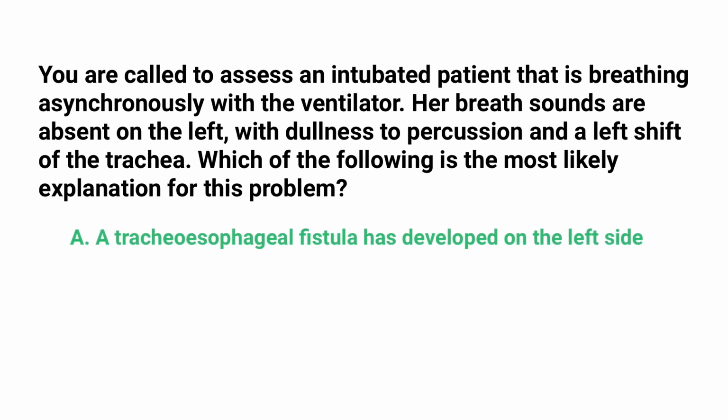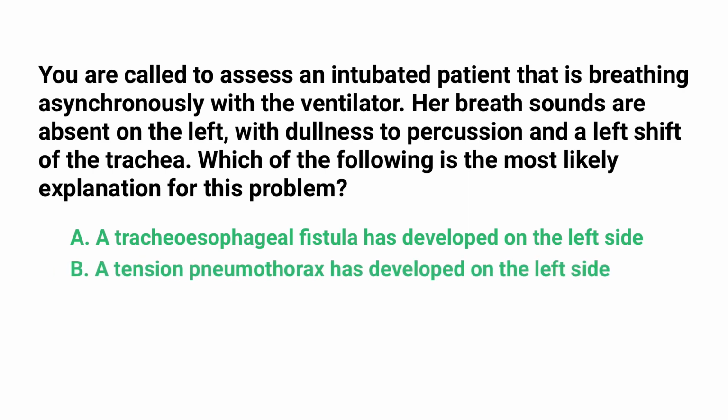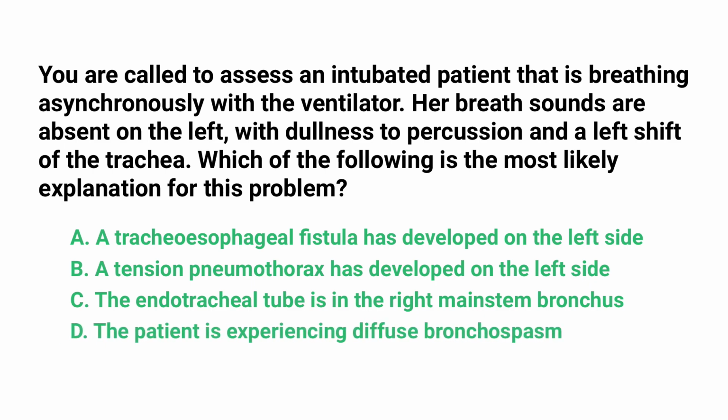Is it A, a tracheoesophageal fistula has developed on the left side, B, a tension pneumothorax has developed on the left side, C, the endotracheal tube is in the right mainstem bronchus, or D, the patient is experiencing diffuse bronchospasm?